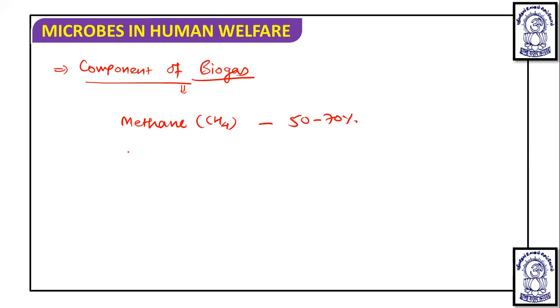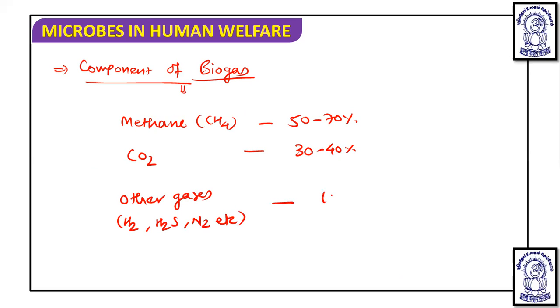If we talk about other gases, there is CO2, carbon dioxide, and CO2 is 30 to 40% of the total biogas. Then other gases are H2, H2S, N2, etc. They are 10%.